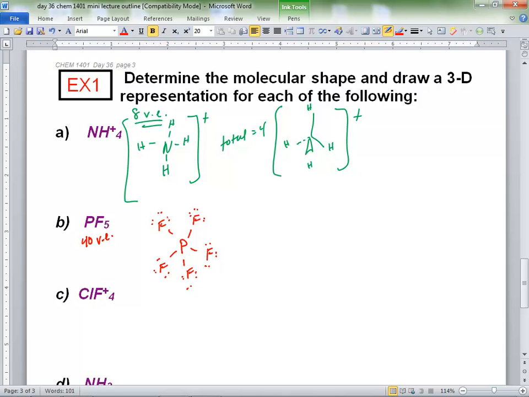So phosphorus has no lone pairs on it. So hopefully you found that your total is just 5, right? So that means you got to draw that T-shaped one.